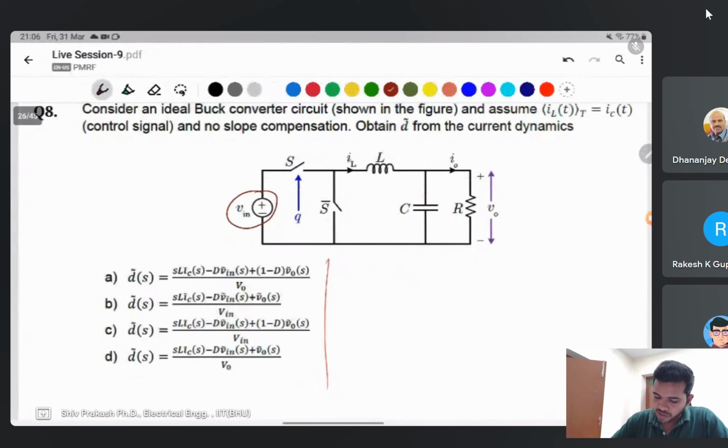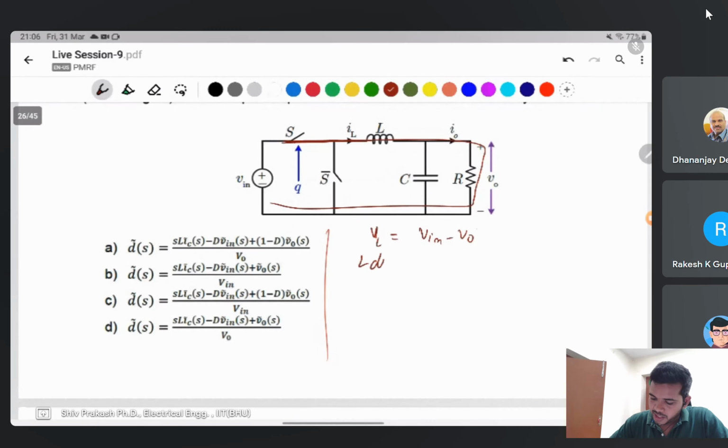Look, when the switch is on, VL is equal to V in minus V naught. Then VL can be written as L dI by dt.